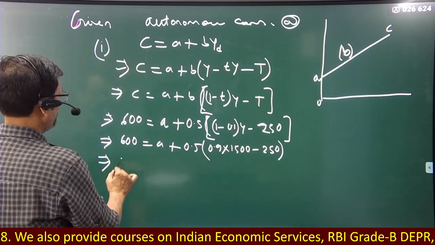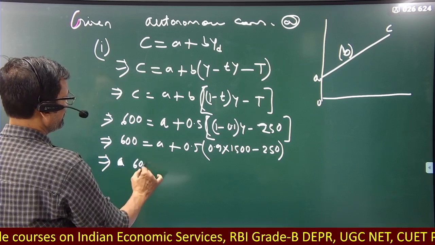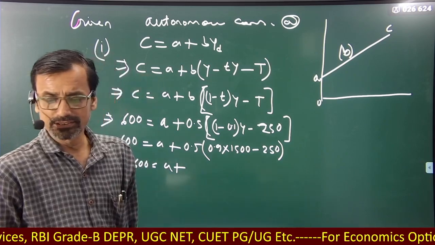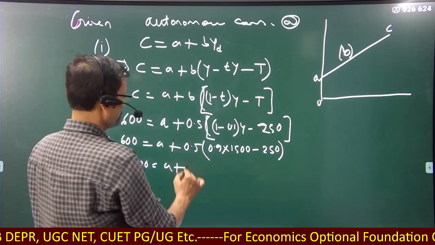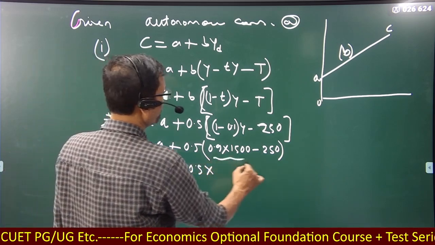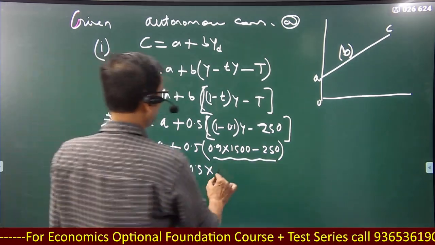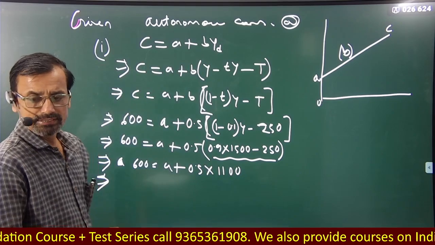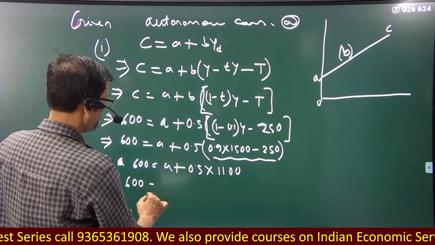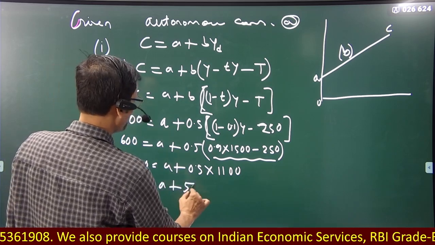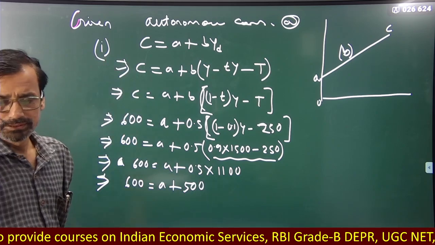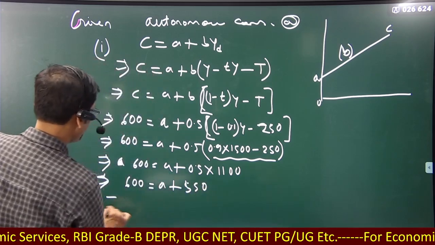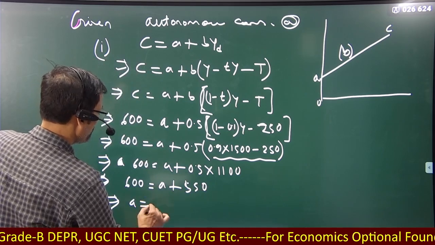So 600 is equal to A plus 0.5 into, after solving this much, 1100. So 600 is equal to A plus 550. So A is equal to 50.